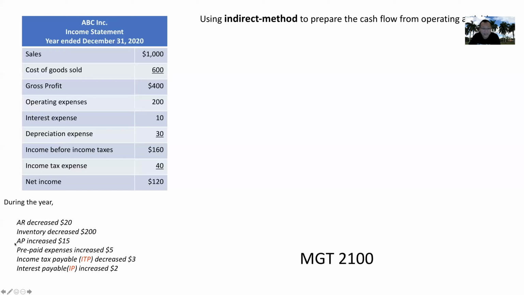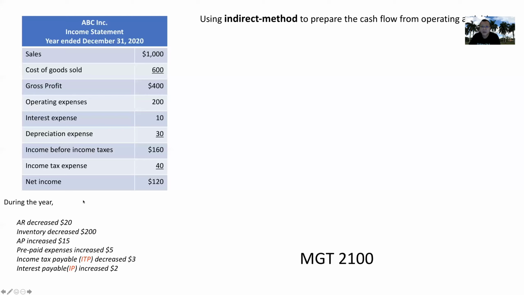Accounts payable increased by $15. Prepaid expenses increased by $5. Income tax payable decreased by $3. And interest payable increased by $2. Okay, so that's the information. We know about net income, and we know about the changes in the current assets and the current liabilities.